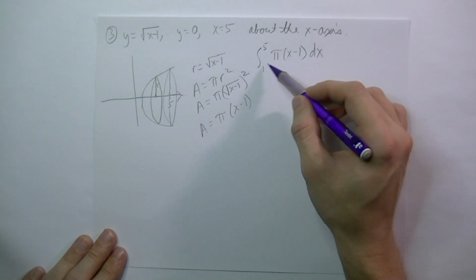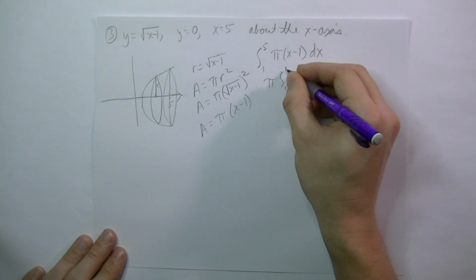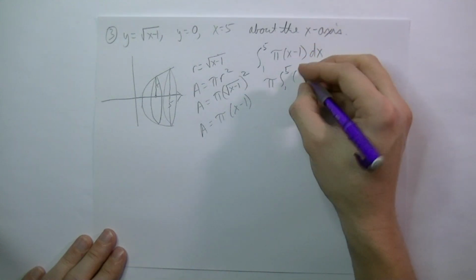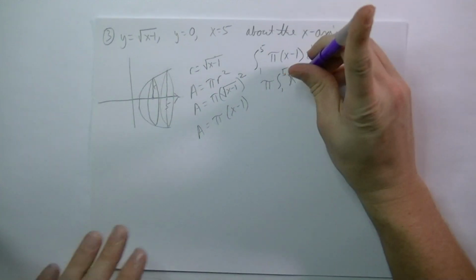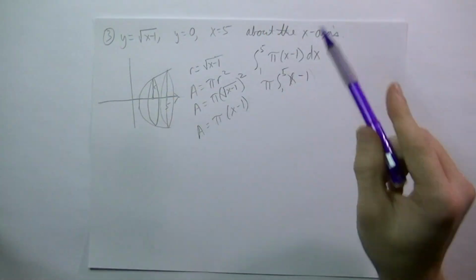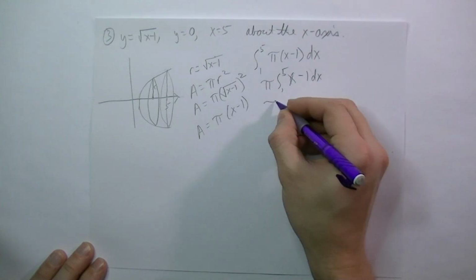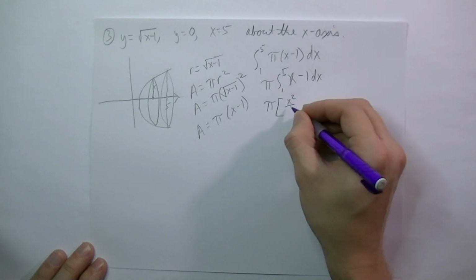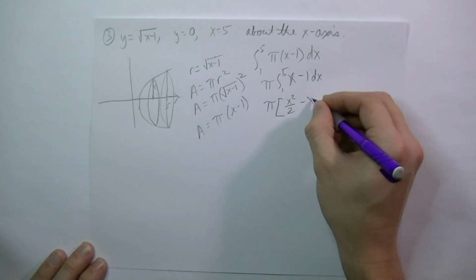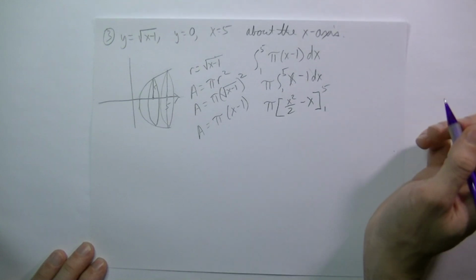The pi is a constant, I can go ahead and factor that out. Oops, and I don't need my parentheses anymore, as I just wrote another one. And integrating with respect to x. Okay, so let's integrate. This becomes x squared over 2 minus x, evaluated from 1 to 5.